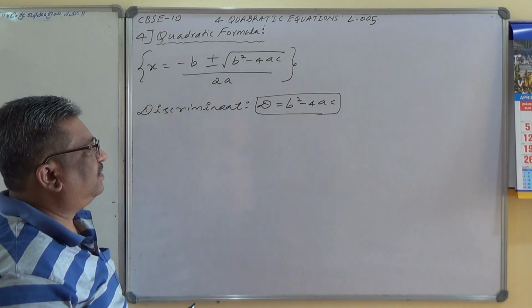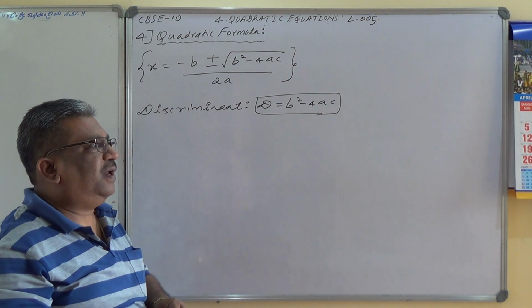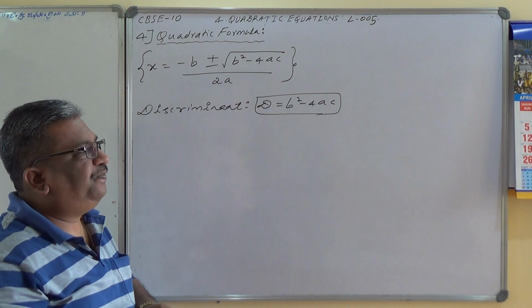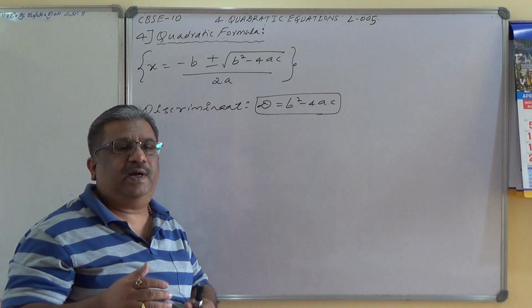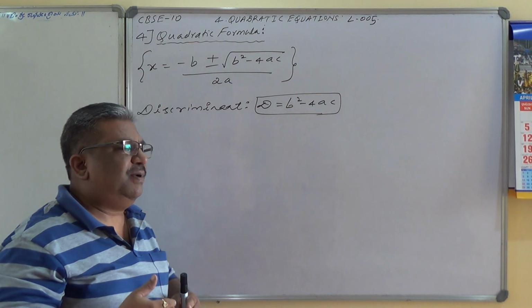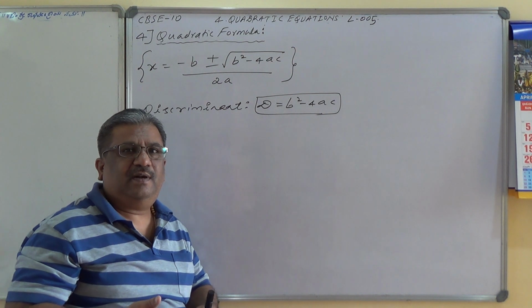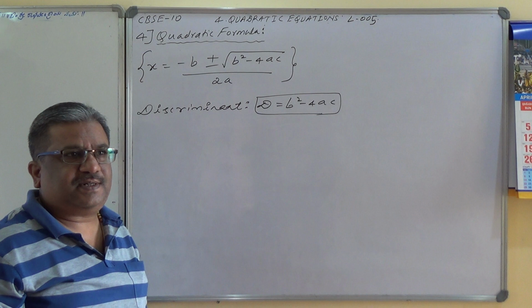What is the significance of this discriminant? See, if you are given a quadratic equation, based on the discriminant, we will be able to tell whether the values for x exist or not. Are you able to understand here?